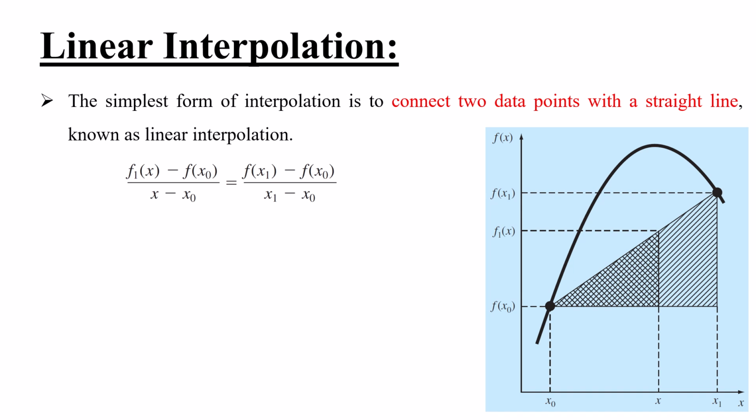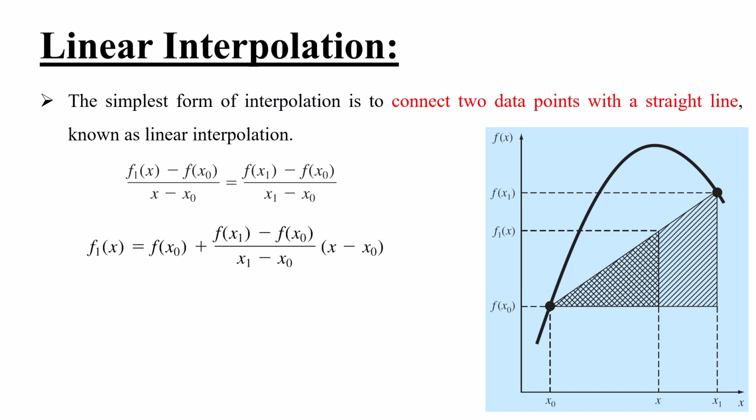So we write the slope value here. The first is f of x1 minus f of x0, this is the height, divided by x minus x0. Similarly for the second case we have x1 minus x0 divided by x minus x0. This is only slope, so we say that we have equal slope. This is the basic idea.